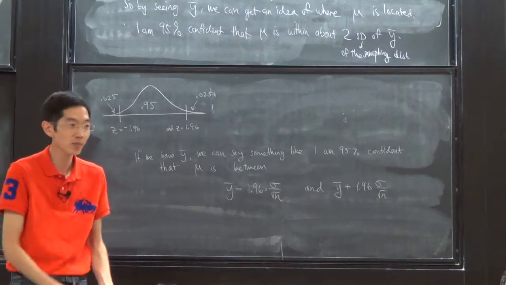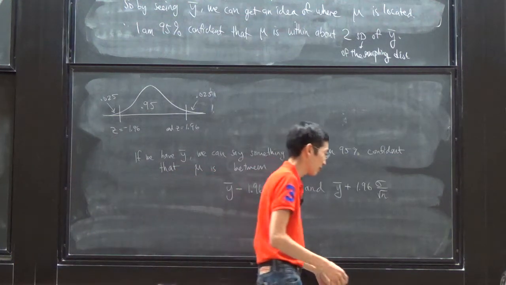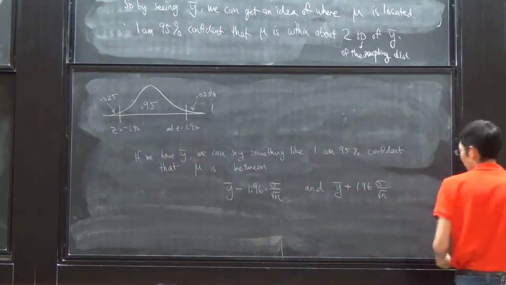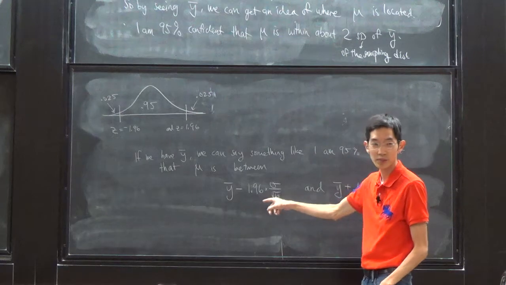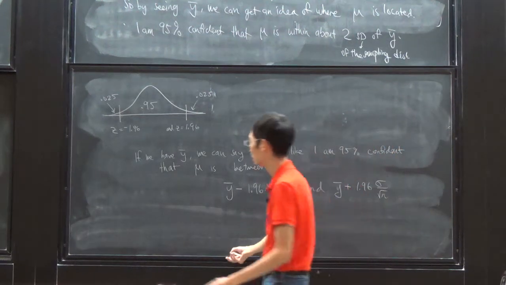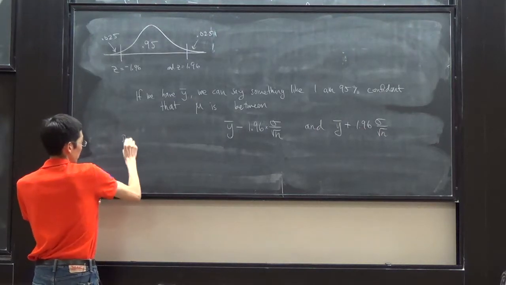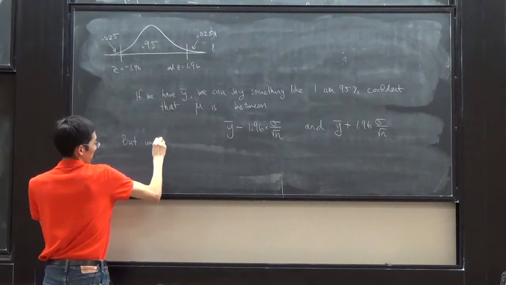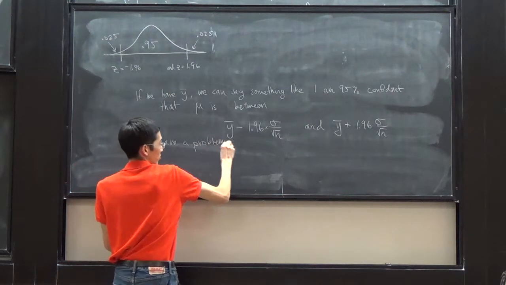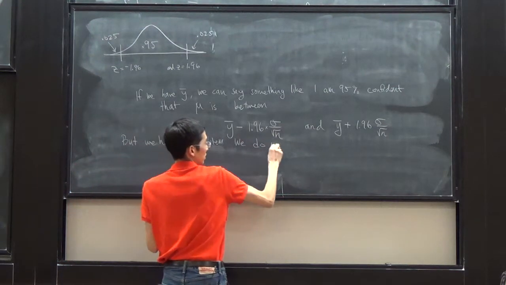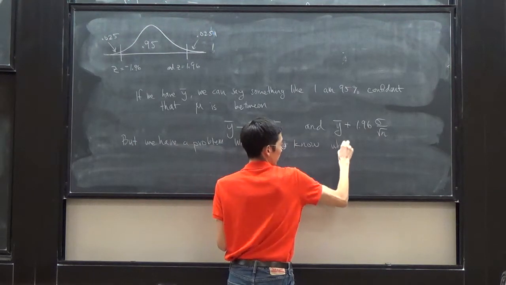Okay. So we're adding another layer of uncertainty, and so to compensate for that, we're going to alter this number 1.96. Okay. So let me just write all this. But we have a problem. We do not know what sigma is.